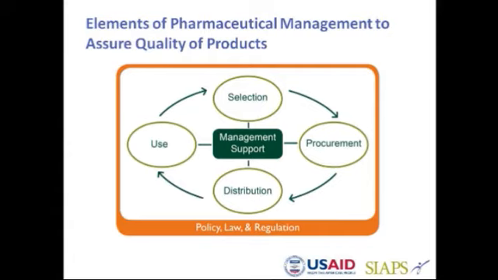So if we want to talk about access then to quality products, and we've heard some of the issues that were found in these varying studies of quality of oxytocin and misoprostol, how do we assure that quality as the medicines flow through the system?